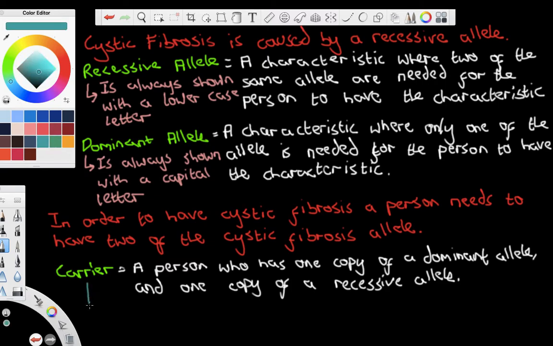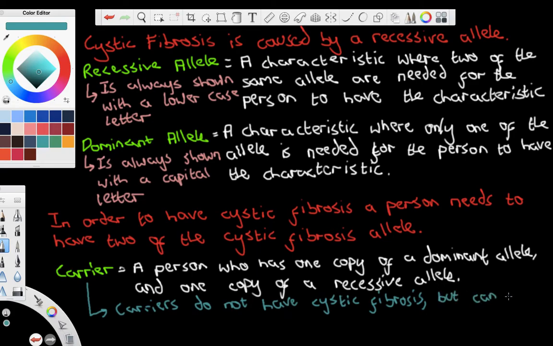So we can add underneath here by saying that carriers do not have cystic fibrosis but can pass on the cystic fibrosis gene to their children.